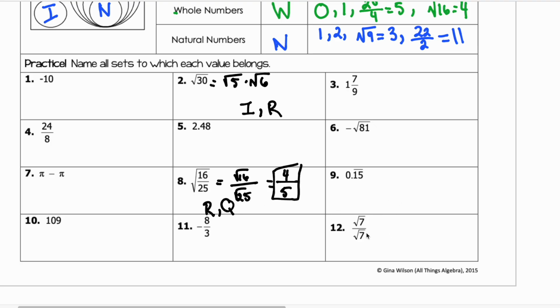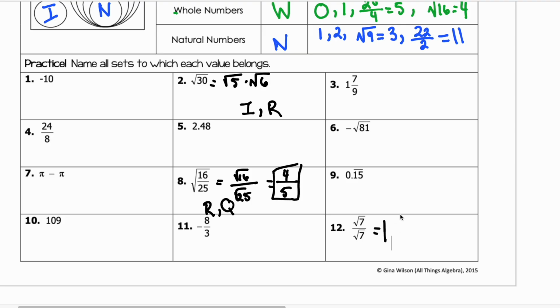All right, let's look at this one. Well, we're going to talk about our properties in just a minute, but this basically simplifies to 1. Anything over itself always reduces to 1 because the square root of 7 divided by the square root of 7 equals 1. Even though the square root of 7 on its own is irrational, they're canceling each other out.